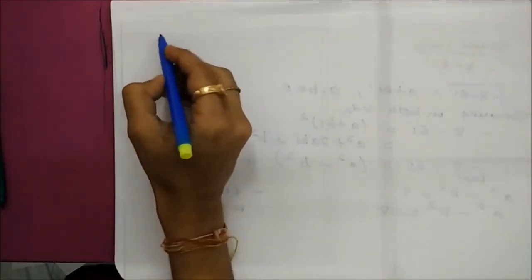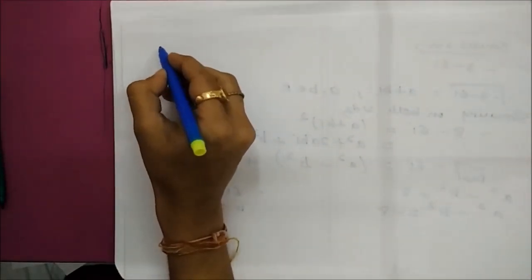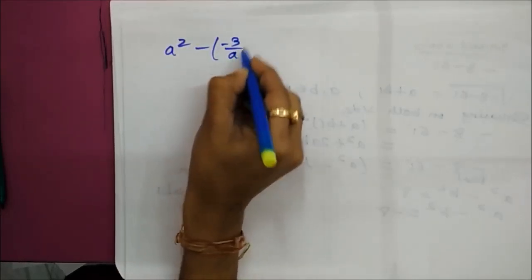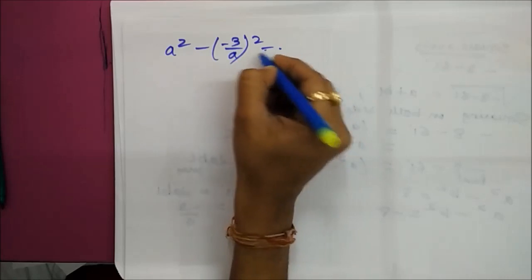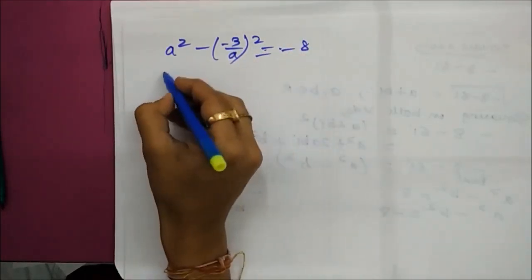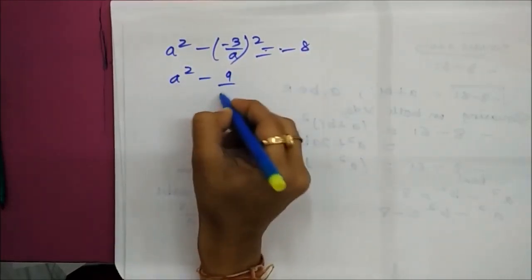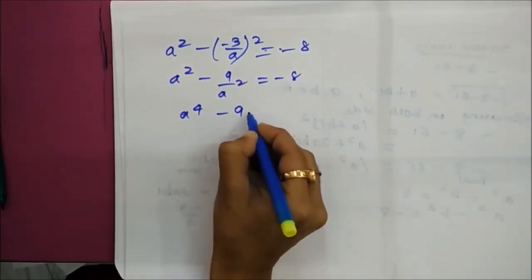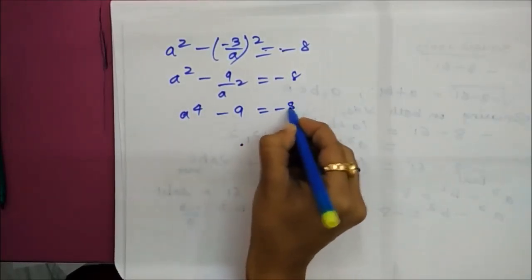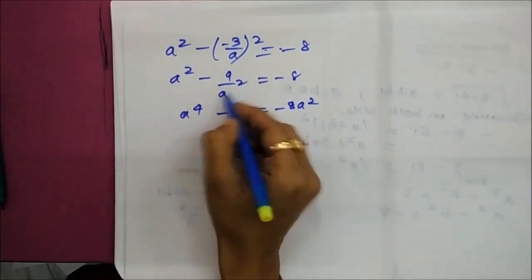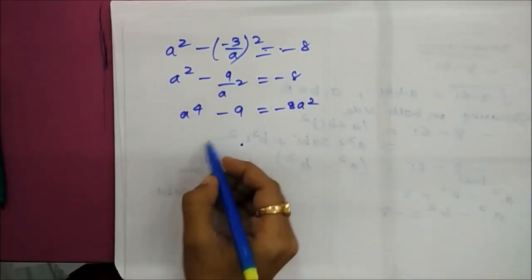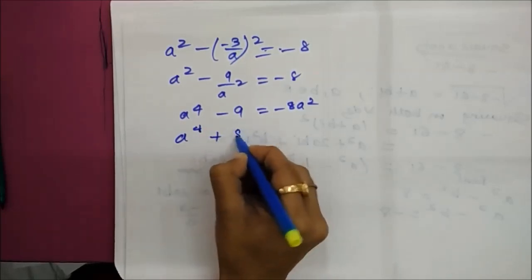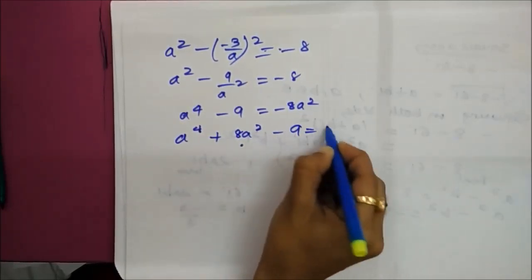So b you got as minus 3 upon a. You will substitute in this equation which you got. So you get a square minus 9 upon a square is equal to minus 8. That is a raised to 4 minus 9 is equal to minus 8 a square. Taking LCM, you get a raised to 4 plus 8a square minus 9 equal to 0.